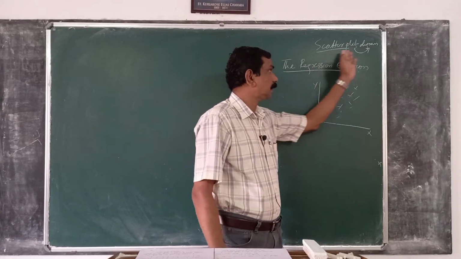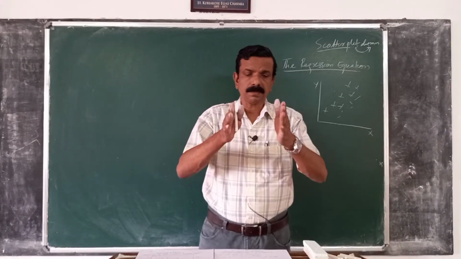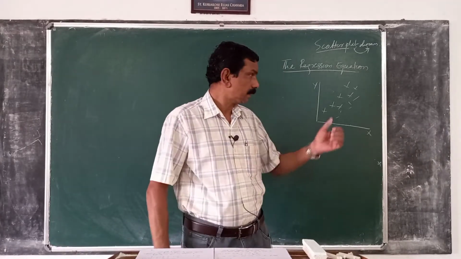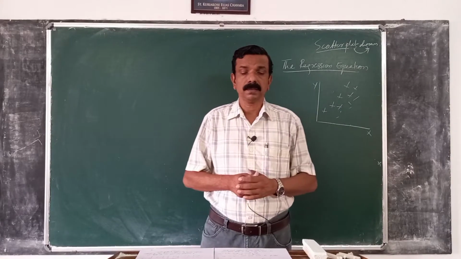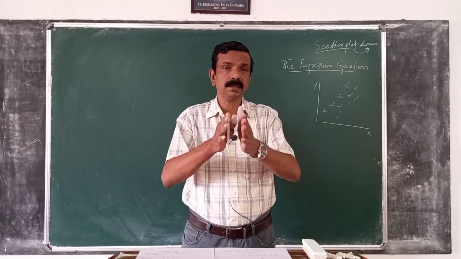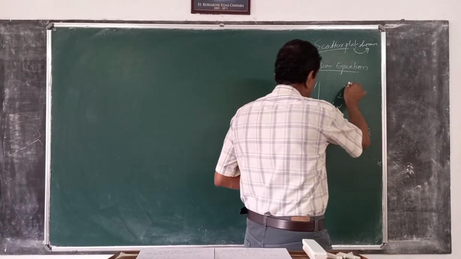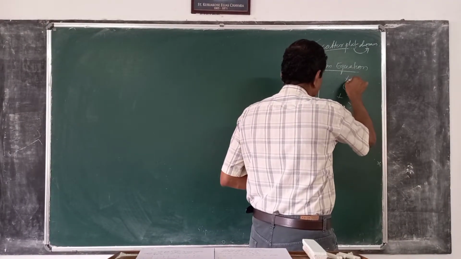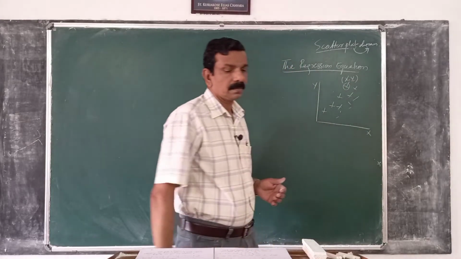You have the scatter plot or scatter diagram. In a scatter plot, one variable is taken on the x-axis, the other variable is taken on the y-axis, and each xy pair is plotted as a point, say (xi, yi).